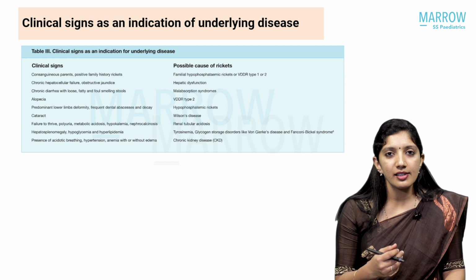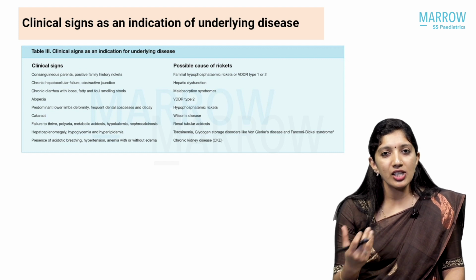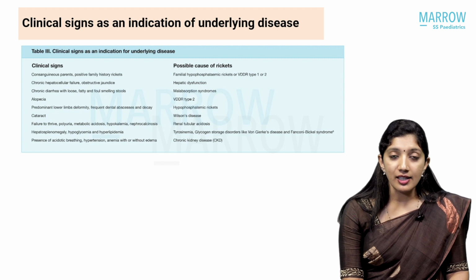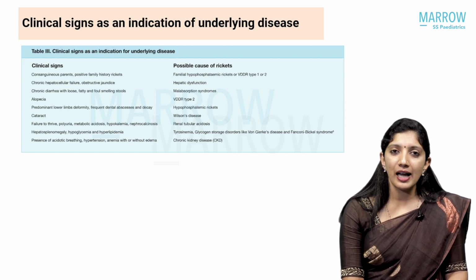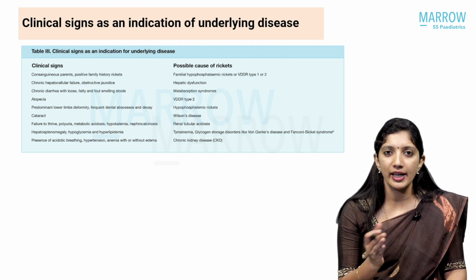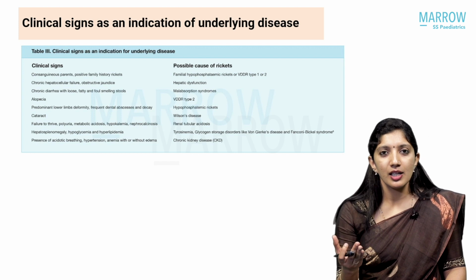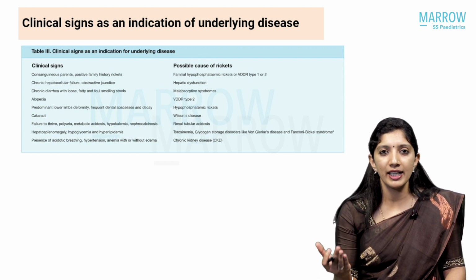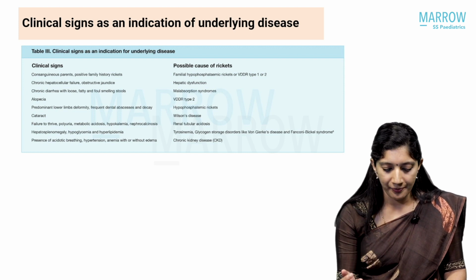The clinical signs which help us in clinching the diagnosis are: one, if there is consanguinity in the family or a positive family history of rickets, then it could be mostly due to a genetic cause of vitamin D metabolism or FGF23 metabolism leading to calcipenic or phosphopenic rickets.